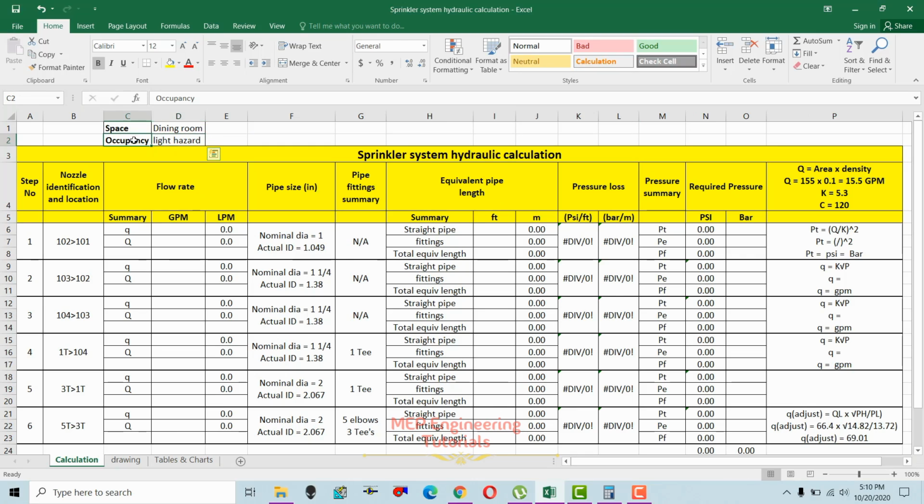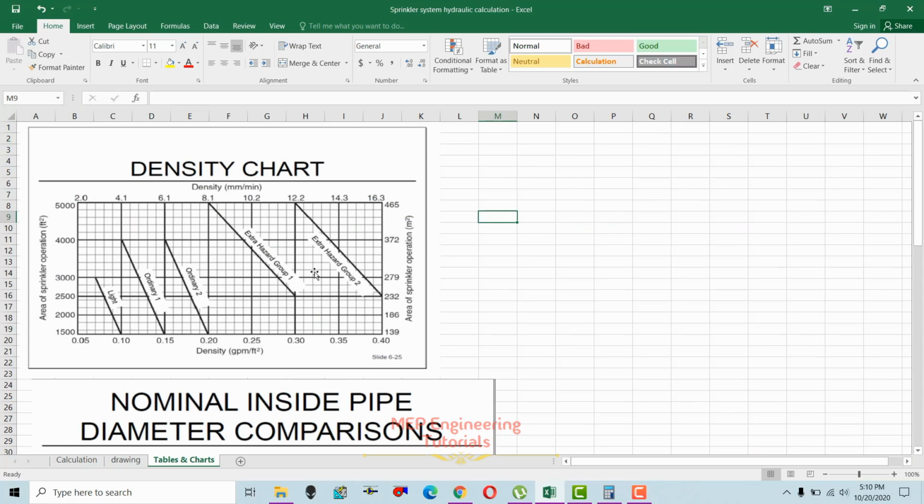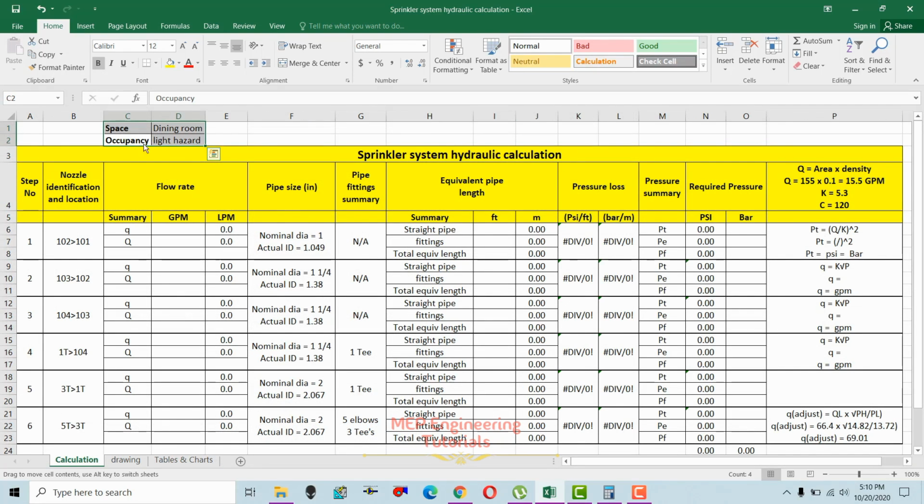I have used the light hazard occupancy as per NFPA 13 standard. You have to select the occupancy hazard, whether it is light hazard, ordinary, or extra hazard. You can see here in the chart light hazard, ordinary, or extra hazard group. According to that you have to select, so I have selected light hazard.